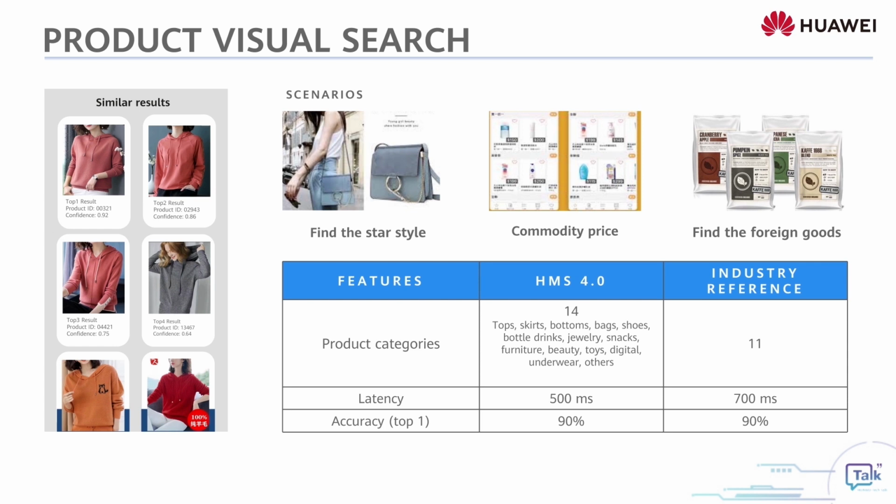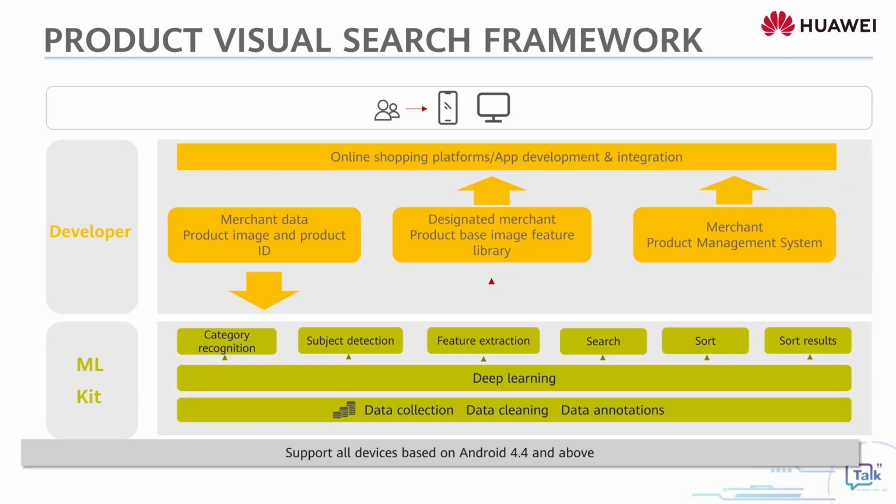Let's take a brief look at what exactly developers need to do to integrate Huawei photo purchase service. If the developer builds a photo purchase system, they need to build their own training dataset. They need to label the data and design their own classification model, which requires a lot of time and effort.